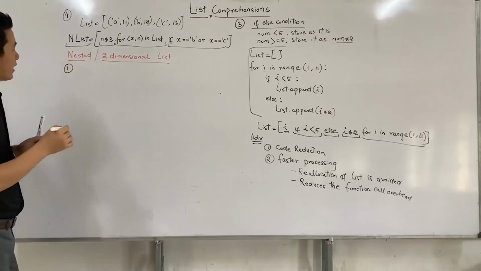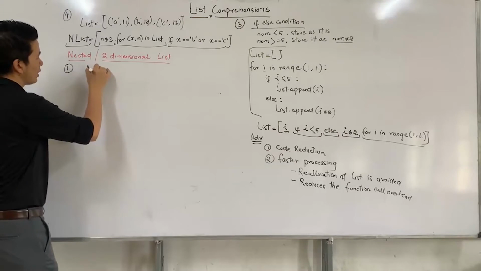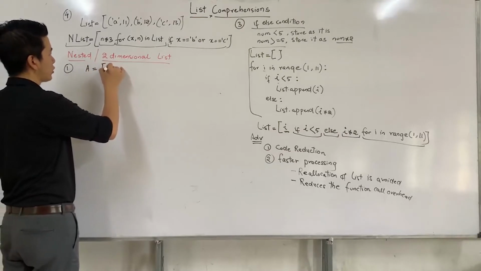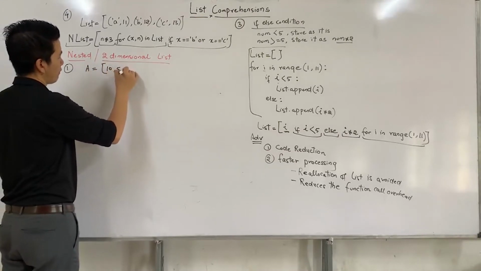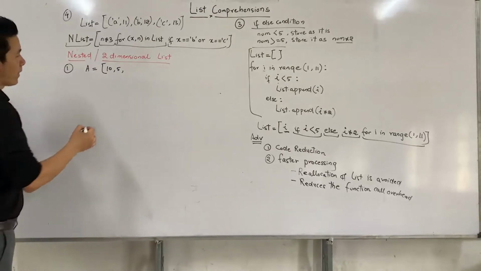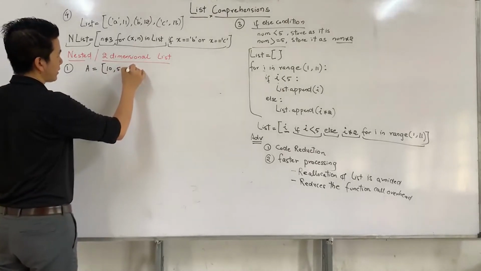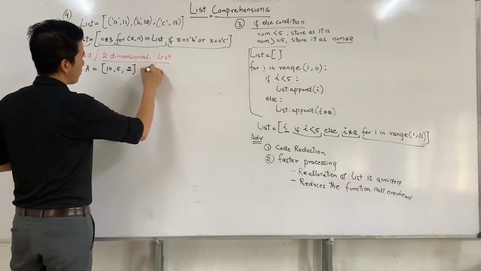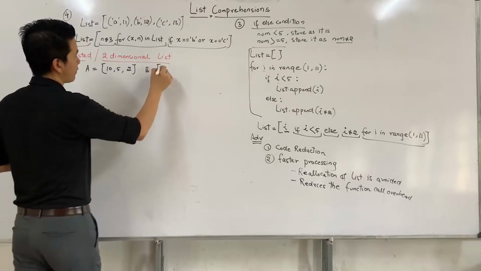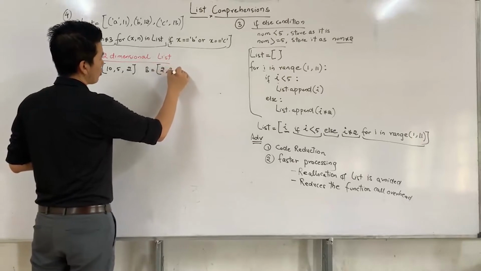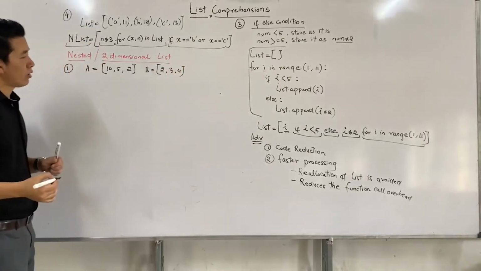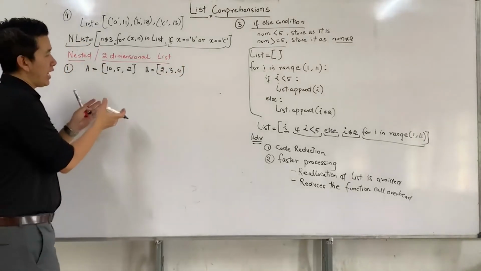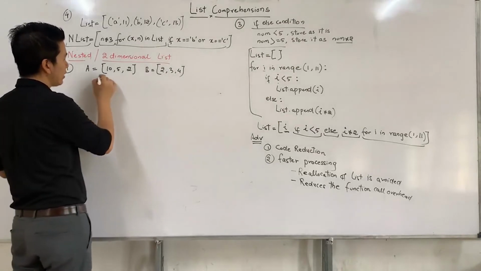Now let's say I have two lists. The first one, A, is 10, 5, and 2, and then B, I'll have values like 2, 3, and 4. Now the question is, I'll have to form another list.